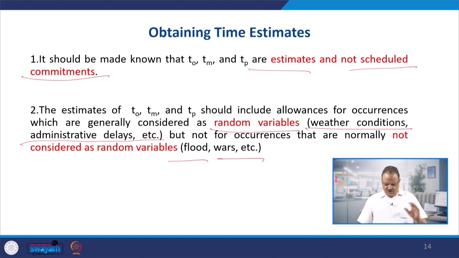Otherwise, if we are not taking these random variables into consideration, then it may be possible that sometimes even after the most pessimistic time, we will not be able to complete the project. So, have these 3 time estimates, have the scope and provision for the random variables, and then independently develop these 3 time estimates and use them for developing the structures.